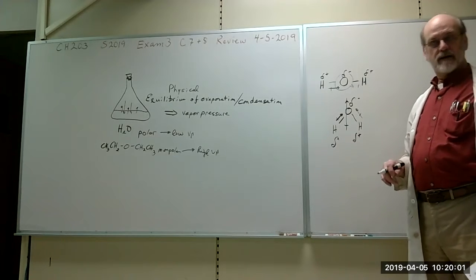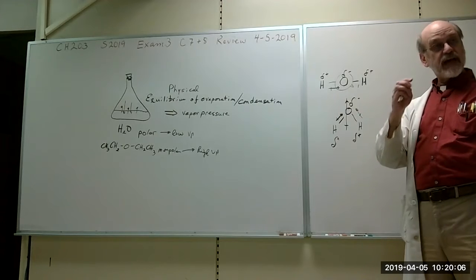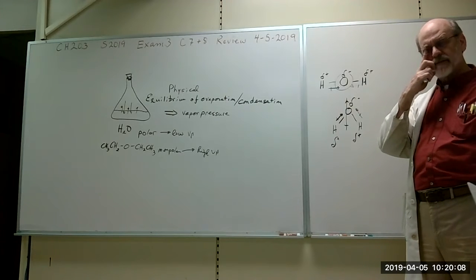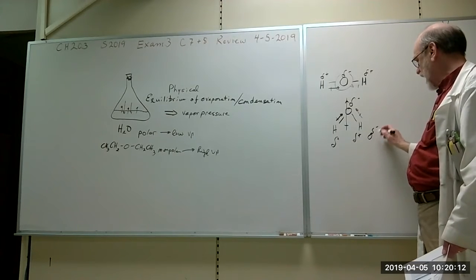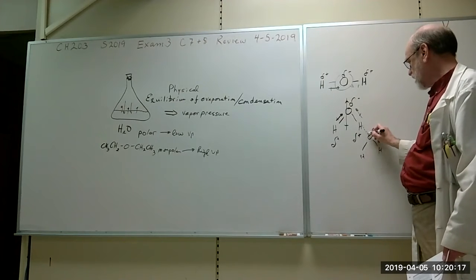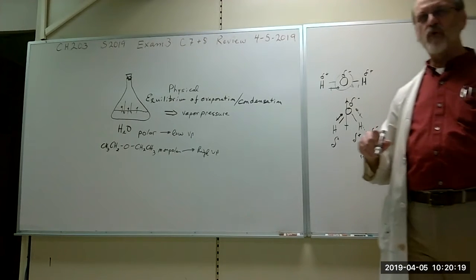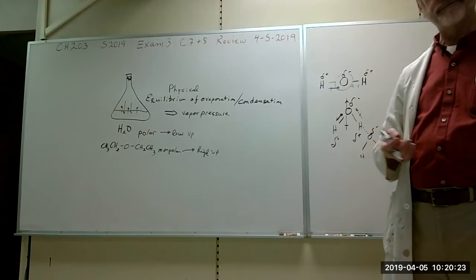Okay. Now that we have a polar molecule, when they're together in the liquid phase, they line up so that the negative side is attracted to the positive side, and you get a dipole-dipole interaction. Okay?